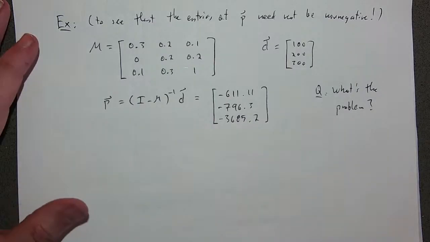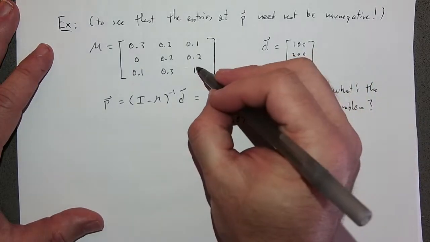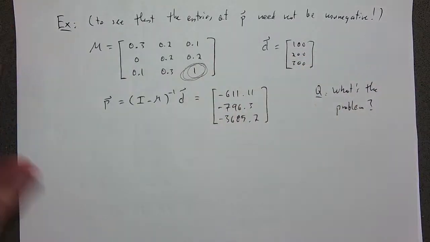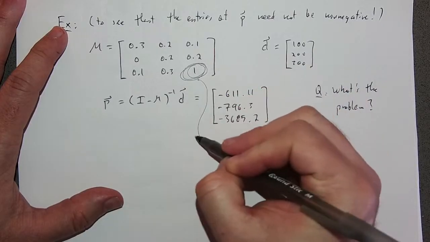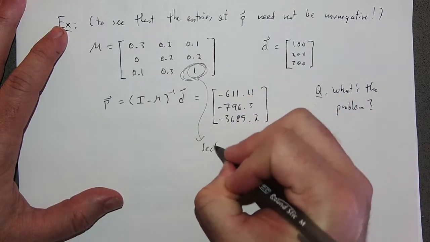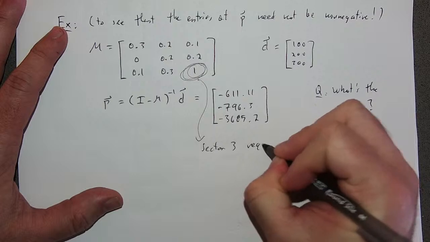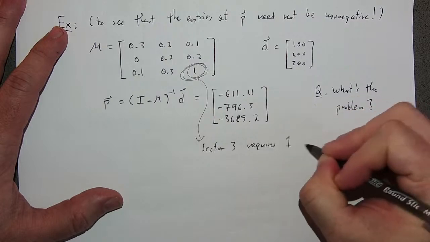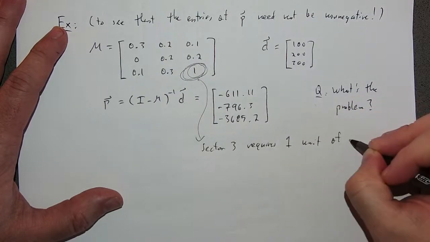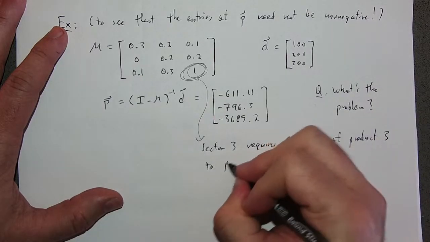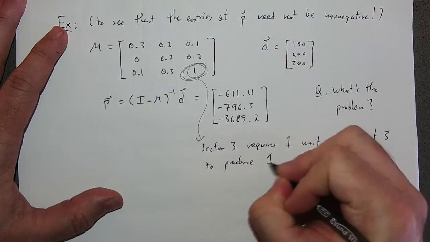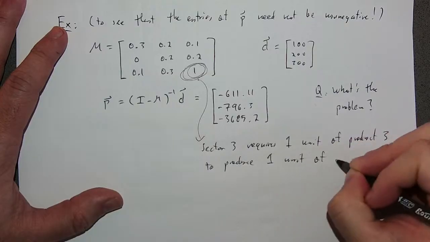Well, you might notice this entry here being a 1. What does that mean? This means, because this is in the third column, sector 3 requires 1 unit of product 3 to produce 1 unit of product 3.